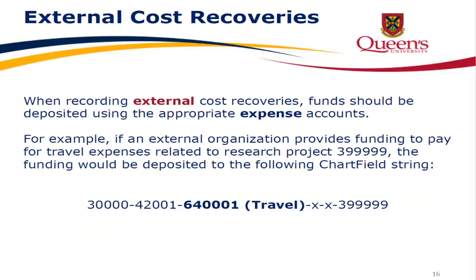When recording external cost recoveries, funds should be deposited using the appropriate expense account. For example, if an external organization provides funding to pay for travel expenses related to Project 399999, the funding would be deposited to the project using account 640001, Travel.